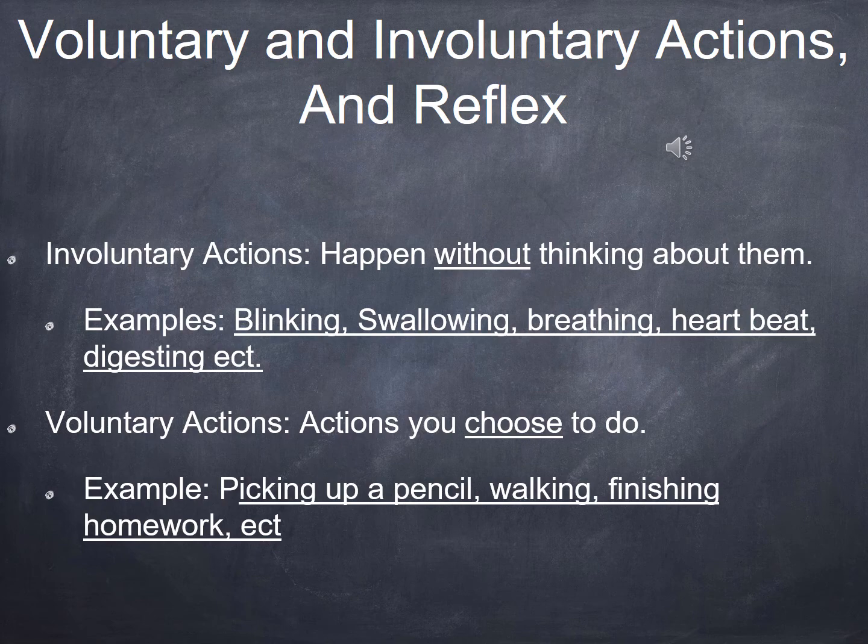You do them even though you don't have to consciously tell yourself to do them. Examples include things like blinking, swallowing, breathing, making your heart beat, and controlling digestion. All of those things happen whether you want them to or not, even if you hold your breath until you pass out. Once you pass out, you will start breathing again.